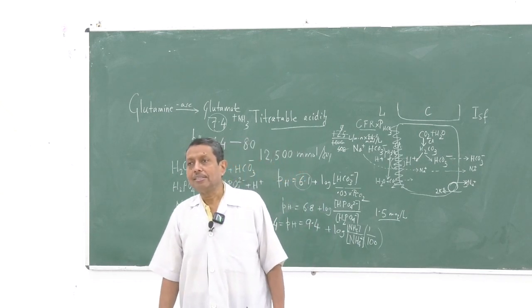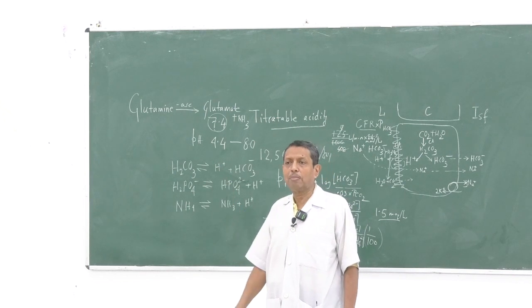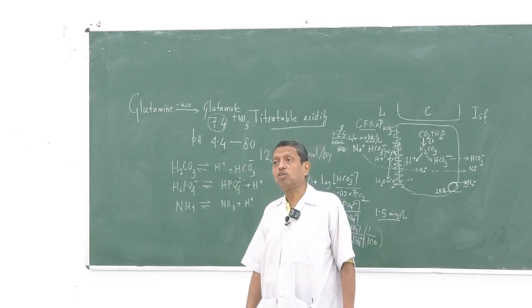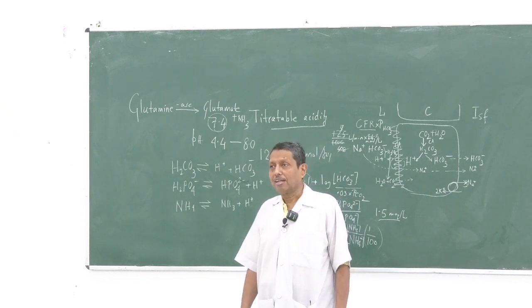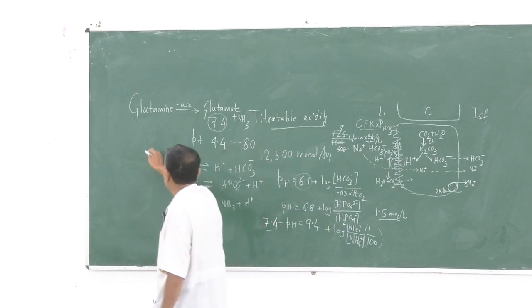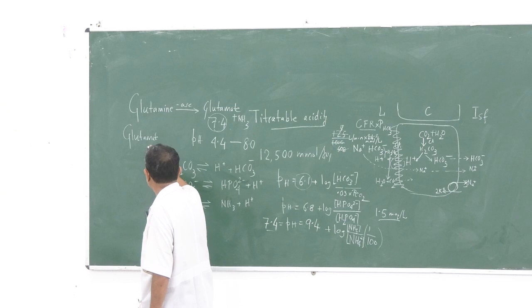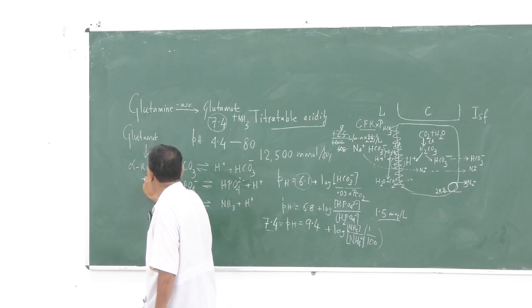And glutamate is then also broken down metabolically to alpha ketoglutarate, and it also gives rise to ammonia from glutamate. It gives rise to alpha ketoglutarate plus ammonia.